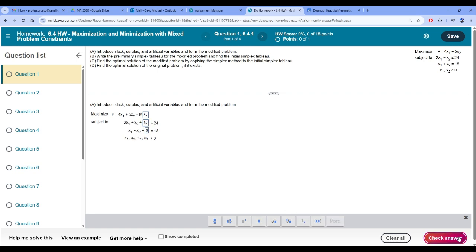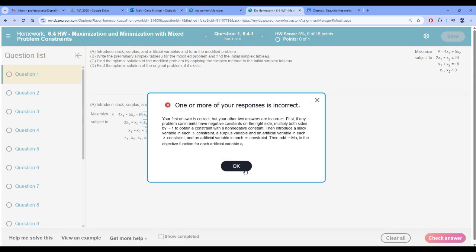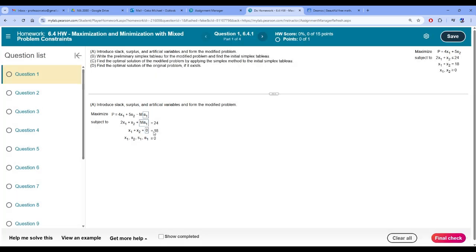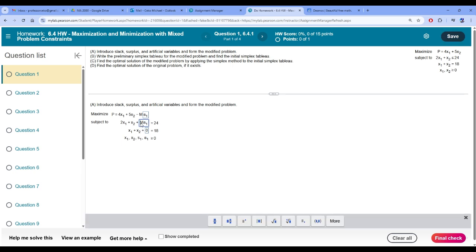Plus 0, was that it? No. Is that an M? Oh, this is the original. Oh my god, I'm looking at the original over here. So I think this is negative, and then 18 is fine.